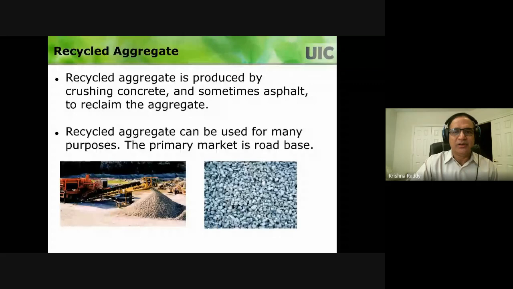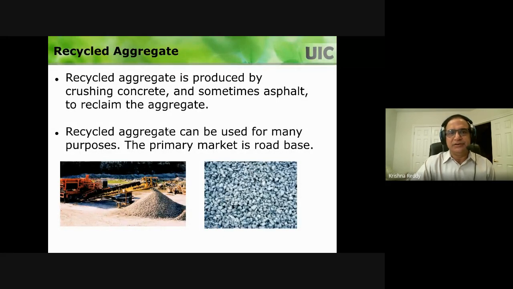So what the focus is now is to crush the concrete and then use it as an aggregate for the new pavement that you are building. And among many uses for recycled aggregate, using it as road base material is becoming more common.